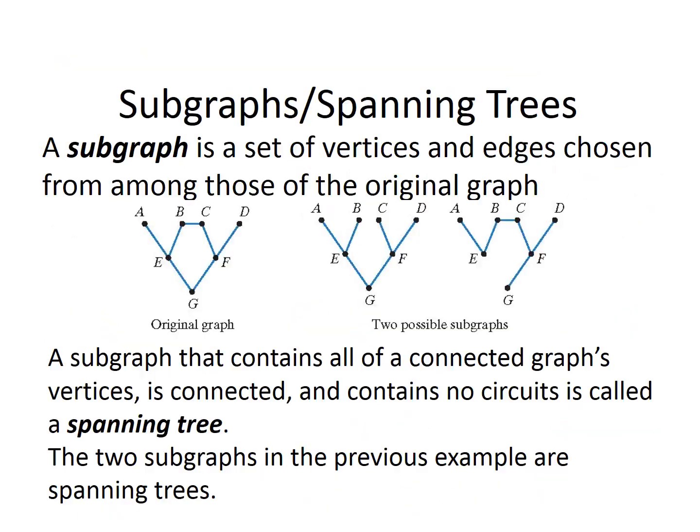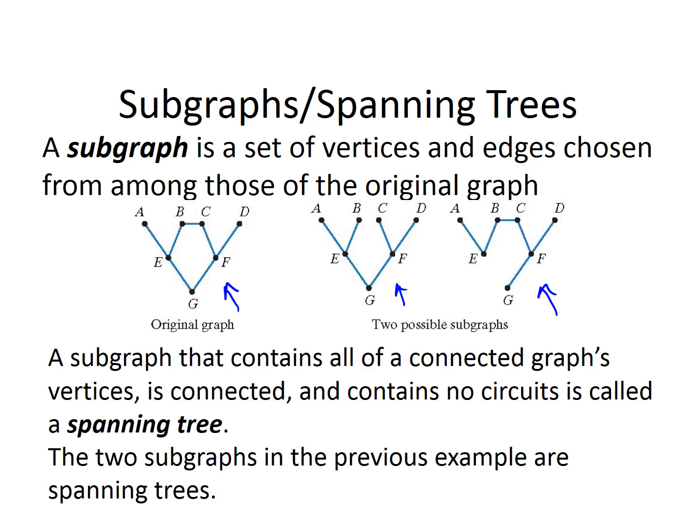So subgraphs or spanning trees. A subgraph is a set of vertices and edges chosen from among those from the original graph. So if you have an original graph like this, these are two possible subgraphs. A subgraph contains all the original vertices.